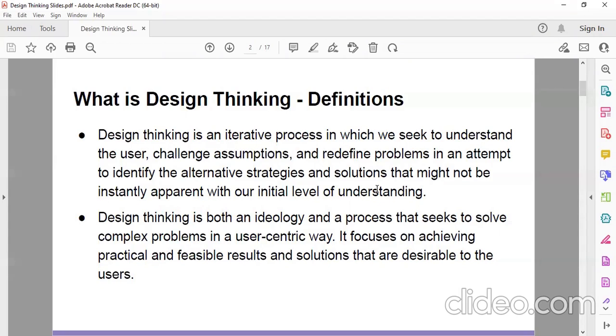As said here, it's both an ideology as well as a process. Using design thinking, we can solve more complex problems as well, in a user-centric way, not like the usual process. Here we put the users as the first priority.